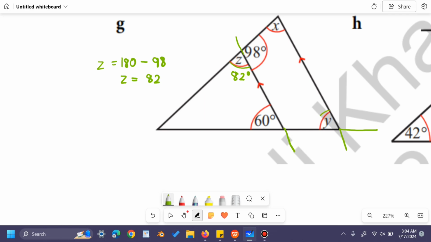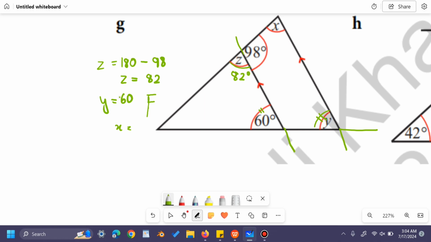So we can see that Y is equal to 60 degrees, as it is a corresponding angle, and corresponding angles are referred to by F. So this is going to be this. Now we need to find the X. How are we going to find X? X is actually going to be 82 degrees.